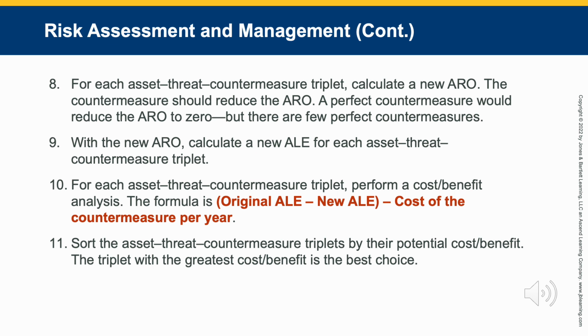A perfect countermeasure would reduce the ARO to 0, but there are few perfect countermeasures. With the new ARO, calculate a new ALE for each triplet. For each triplet, perform a cost-benefit analysis. Here's the formula. Sort the triplets by the potential cost-benefit. The triplet with the greatest cost-benefit is the best choice.